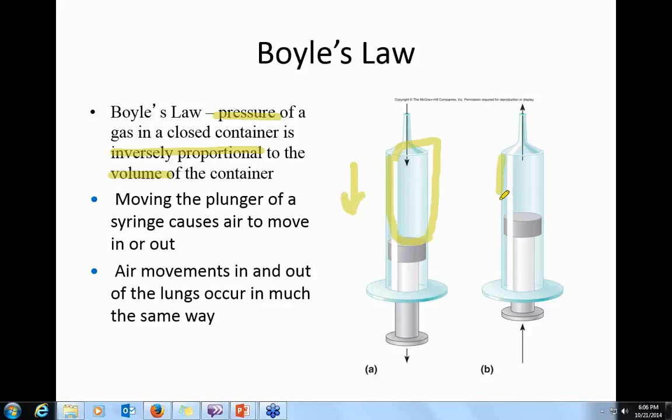The smaller the container, the higher the pressure. Okay? So again, big volume, low pressure, small volume, higher pressure. And because of this, Boyle's law, this is why air moves in and out of the lung.